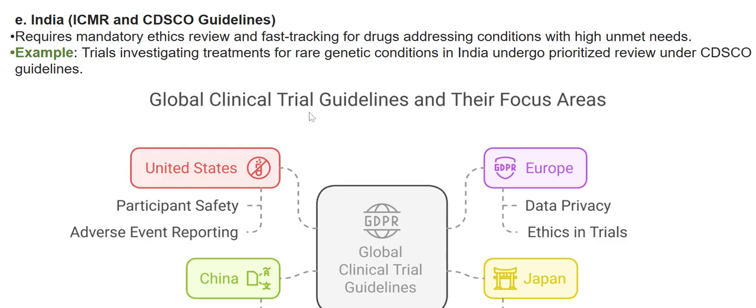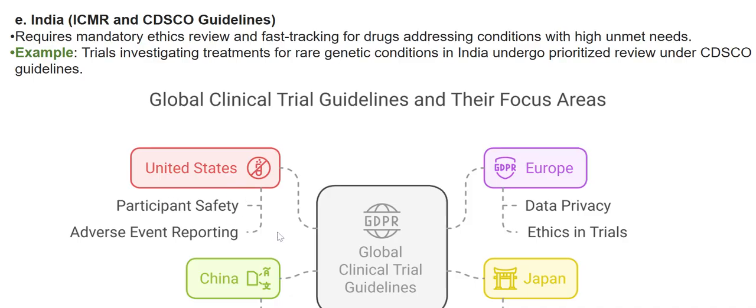So here there is a nice diagram that justifies and summarizes what we explained about the differences in the guidelines between one country and another, between one region and another. So global clinical trial guidelines and their focus areas.